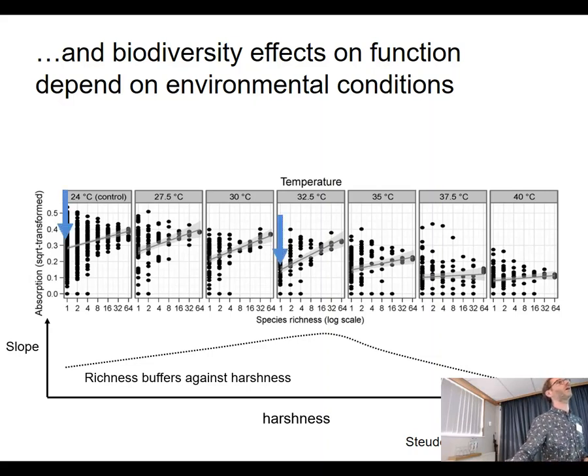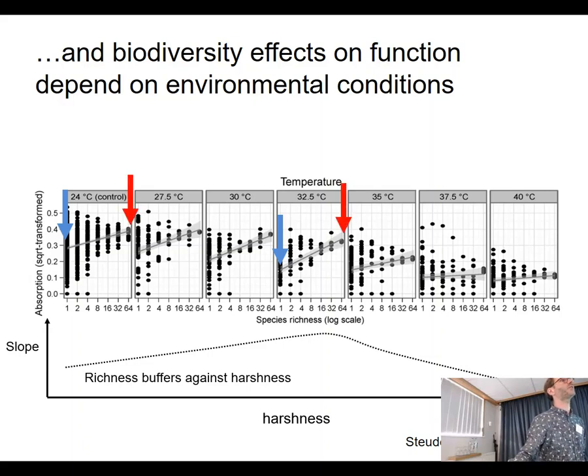If we look at the blue arrows, you can quantify the response of the monocultures, so the systems with only one species, to a shift in temperature. And there is quite a pronounced effect, I should say.